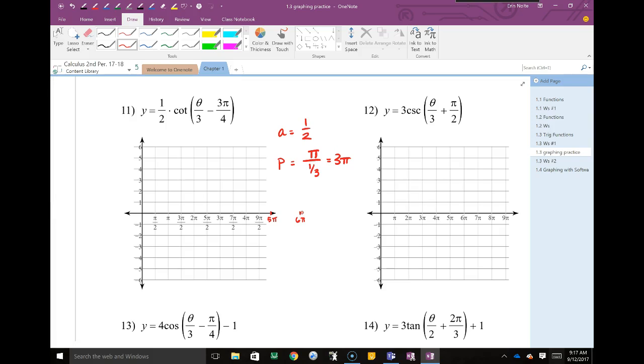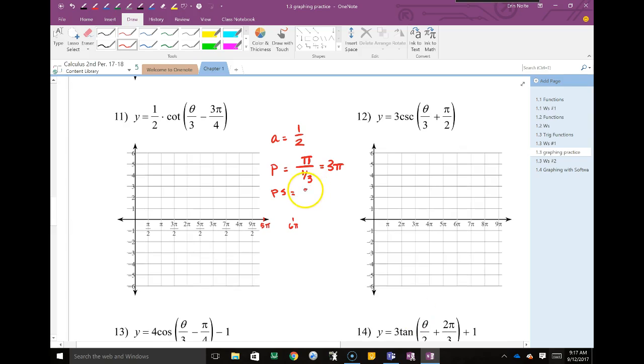Oh, hold on. Let me do the phase shift. My bad. What's my phase shift? Okay, so it's going to be 3 pi over 4, and then can I go ahead and say times, because it's divided by b, so times 3.